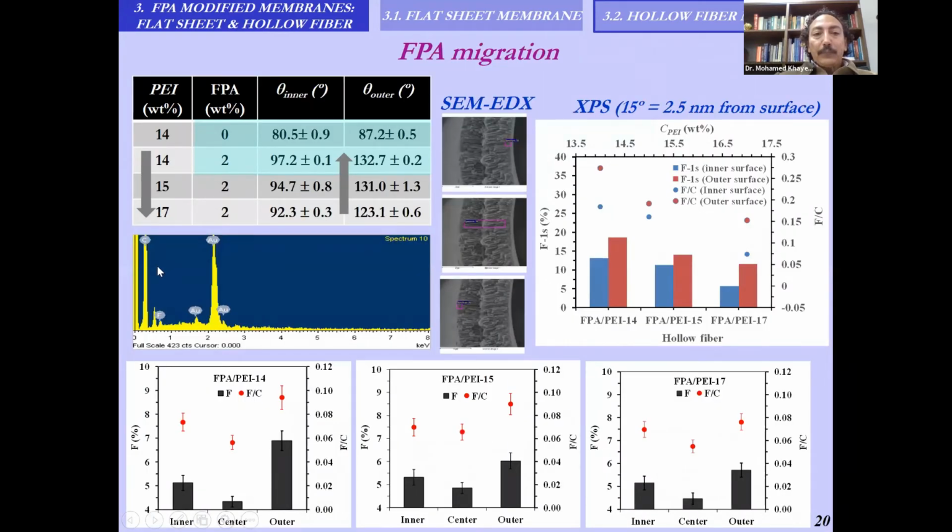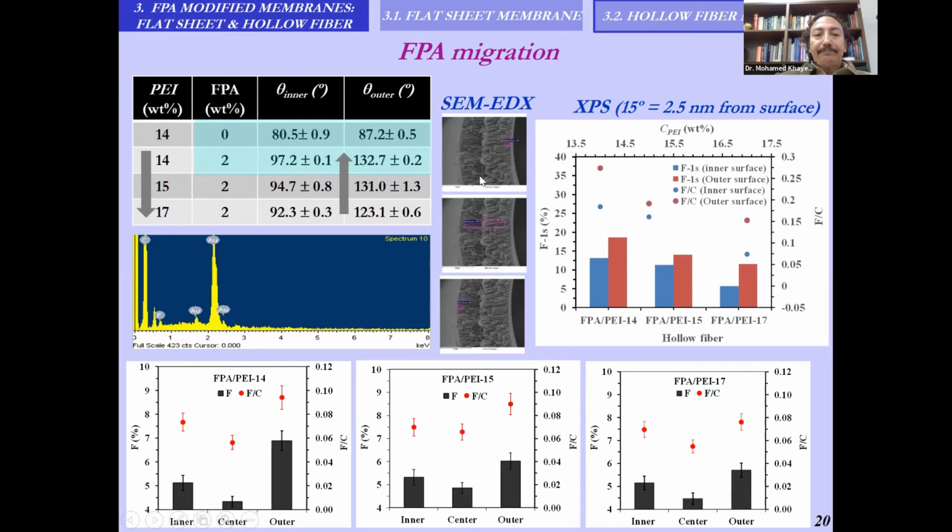In terms of FPI migration, we first measured the water contact angles of the outer and inner surface of the hollow fibers, and we observed an increase in water contact angle for the modified hollow fibers. You can observe here that the outer layer is more hydrophobic than the inner layer.